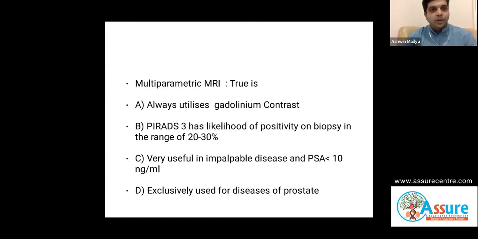Based on all these factors, the radiologist is able to give you a result on a Likert type scale from PIRADS 1 to PIRADS 5. PIRADS 1 and 2, there is no suspicion of prostate cancer, and PIRADS 3 is equivocal. PIRADS 4 and 5 are very likely to have prostate cancer.